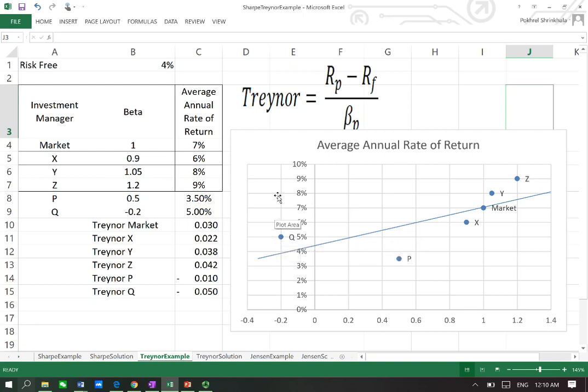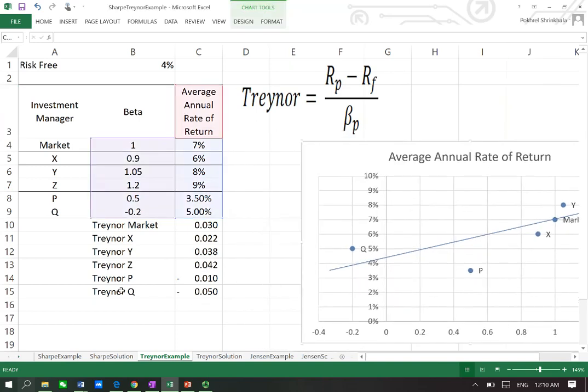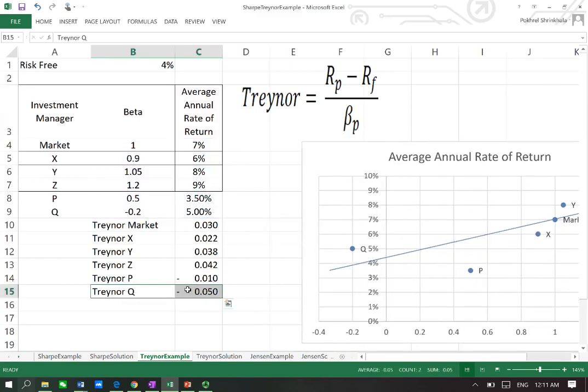And if you want to prove this, what you can do is see here, in case of portfolio Q, this is the Treynor. So if you just see the Treynor, then you will say portfolio Q is not doing good. But check this by using CAPM approach.